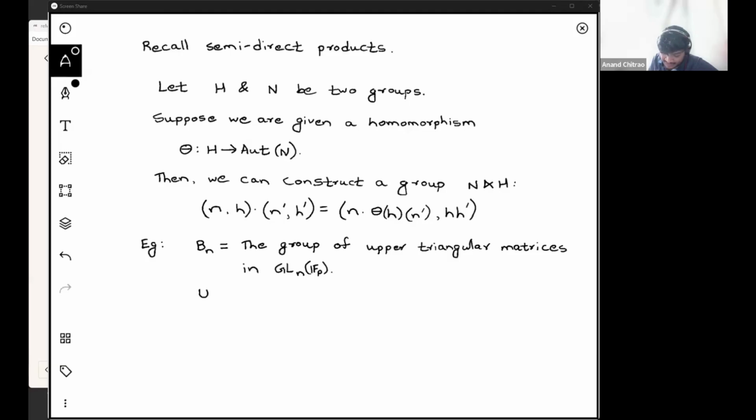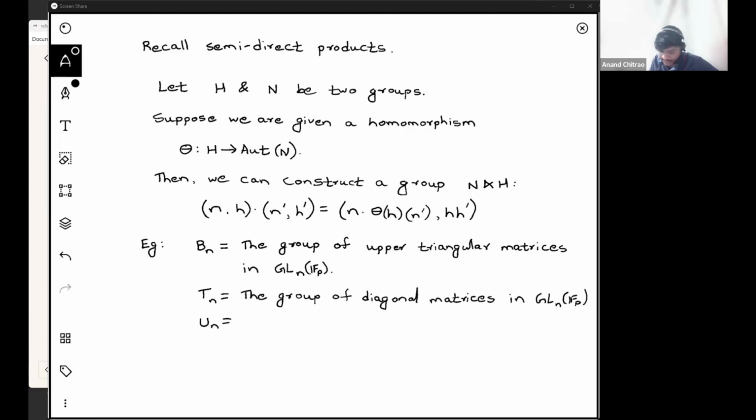Then what is Tn? It was defined to be the group of diagonal matrices in GL_n(F_p).